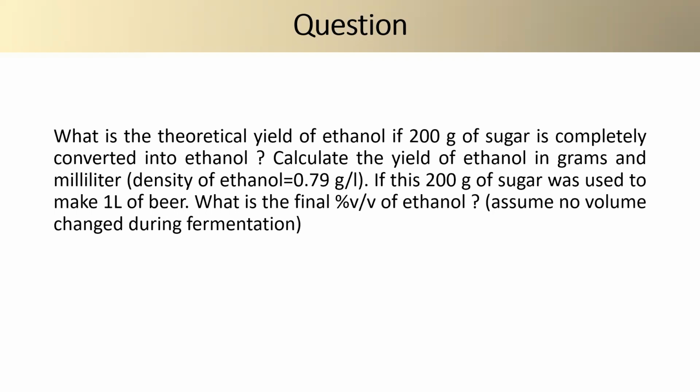Assume no volume is changed during fermentation. Here we are just calculating the theoretical yield. For actual yield of ethanol, in the next upcoming practical, we will do gas chromatography to know the actual yield of ethanol. And from theoretical and actual yield of ethanol, we will come to know the percentage yield of ethanol.